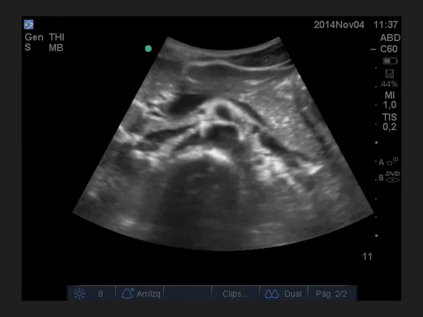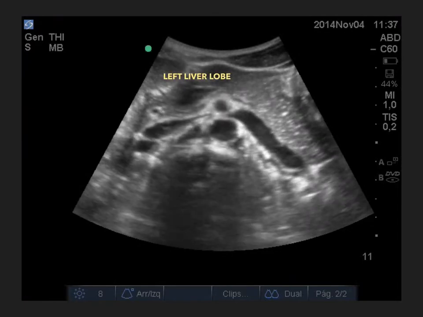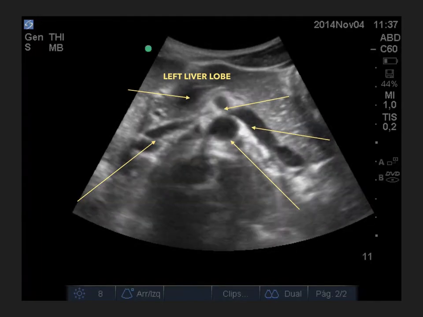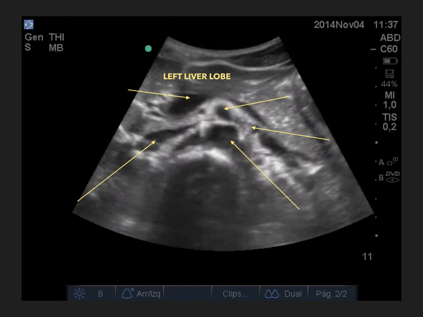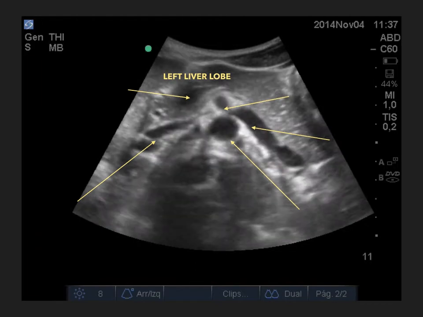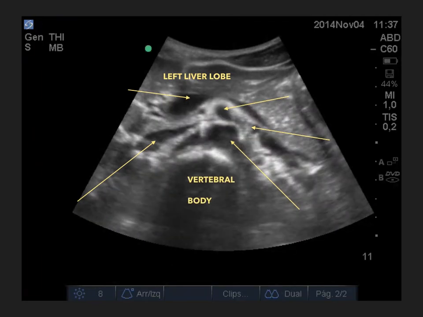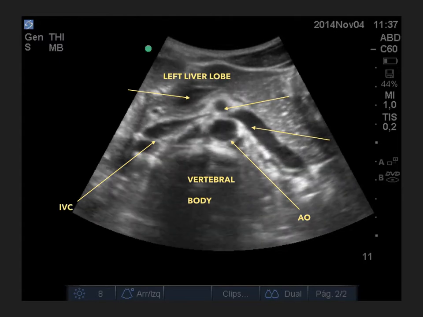In real time, we are assessing as well the left liver lobe, and again different arrows pointing to different structures. First of all, you have to remember the landmark, the vertebral body. So again, aorta and inferior vena cava.